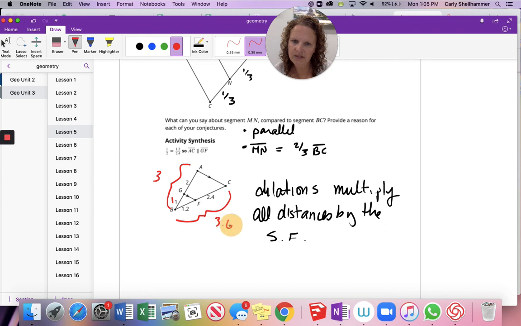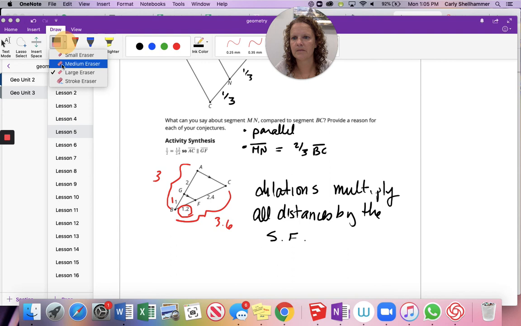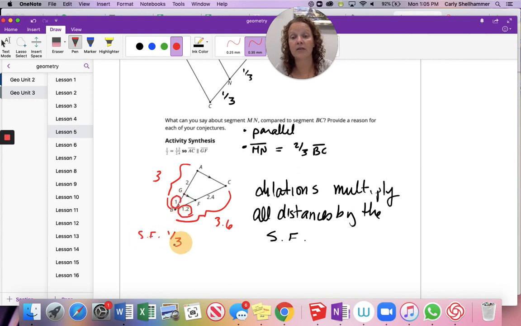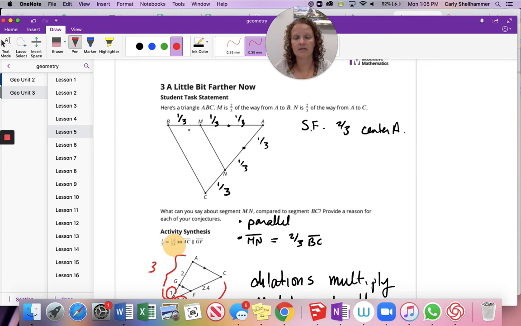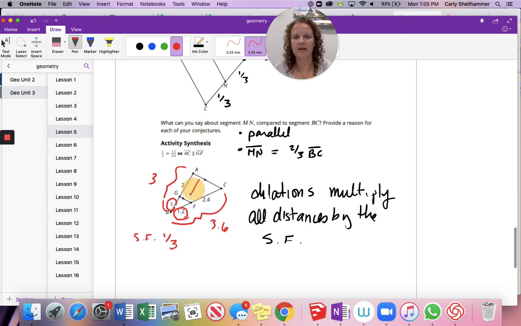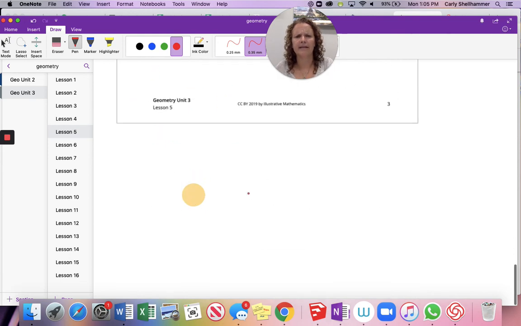This would be 3.6 to 2. So here I did a scale factor of 1/3 because everything got 1/3 smaller, where this one is 2/3. It went from here to there, which is a scale factor of 2/3. And here I went from there to there, scale factor of 1/3. It went even smaller. That's it.